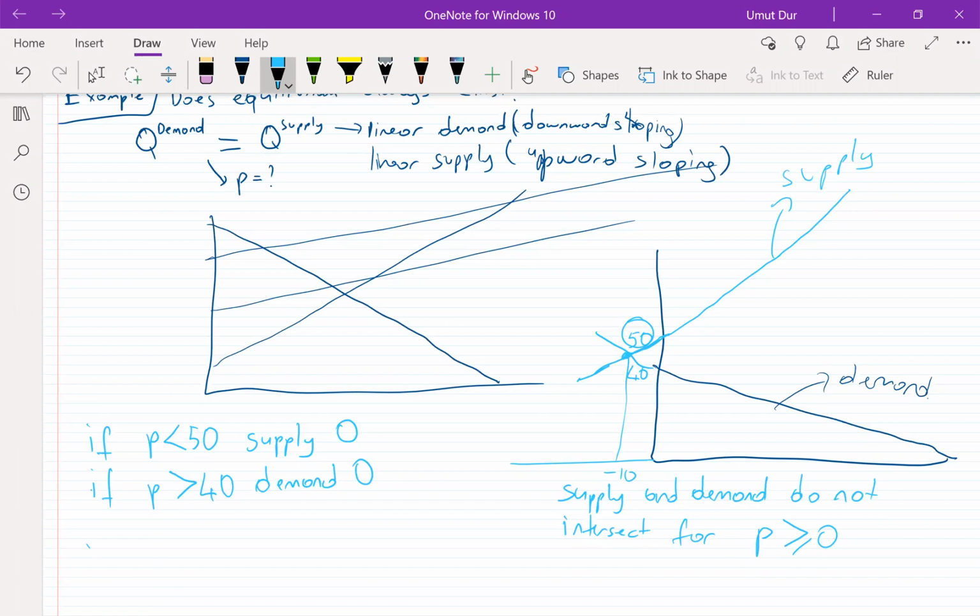So here there is no equilibrium price, but the equilibrium quantity is 0. Basically it means that there is no transaction in the market. That's another way to say it. Any questions so far? No question.